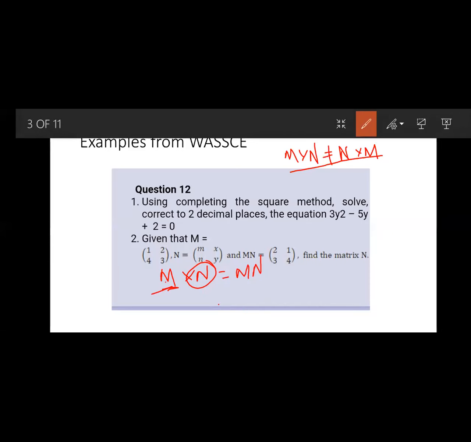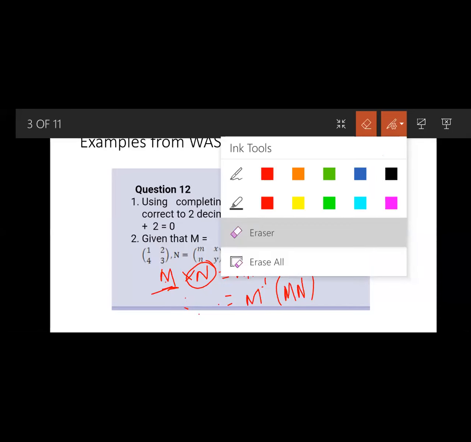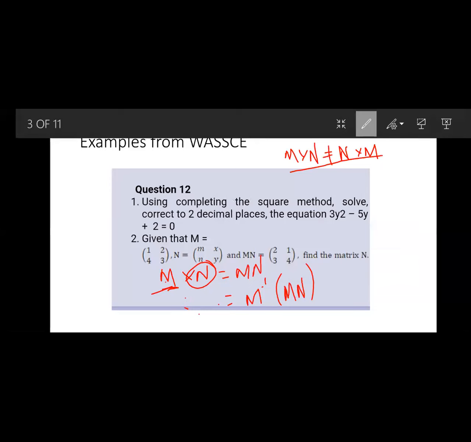You bring in the inverse and multiply both sides by the inverse of M. So M inverse times N will be equal to M inverse multiplied by MN. Sorry, it should be M inverse times M times N.